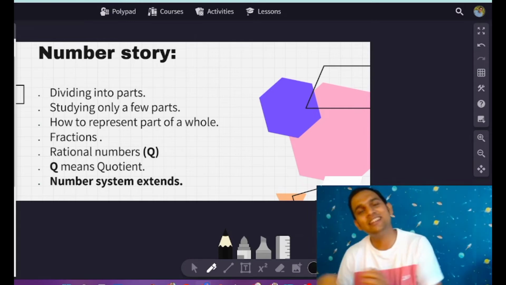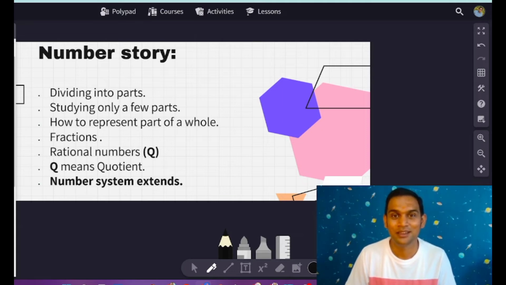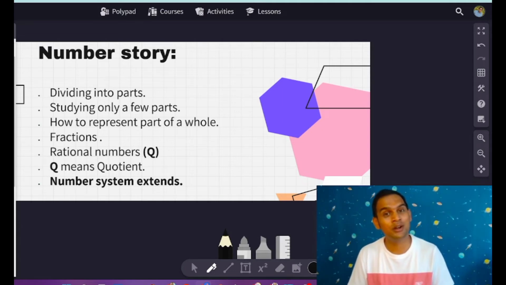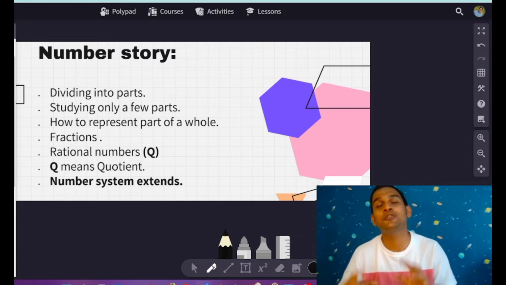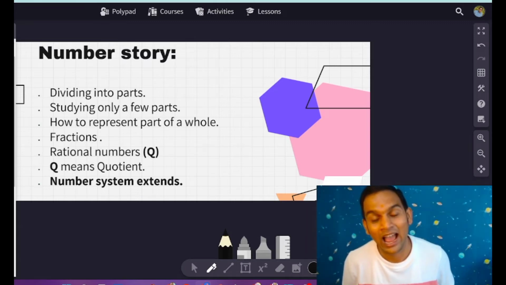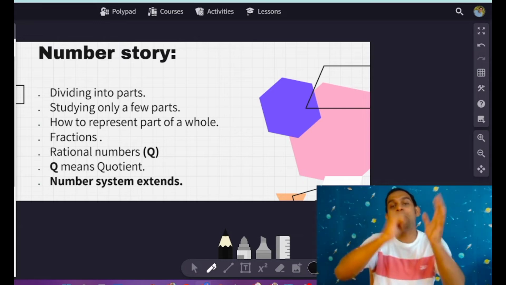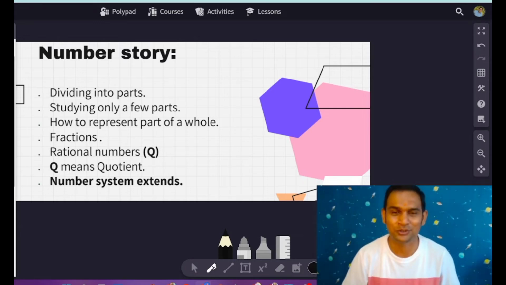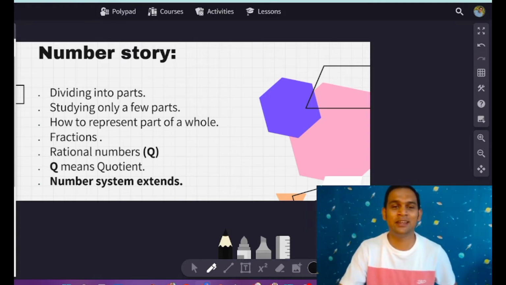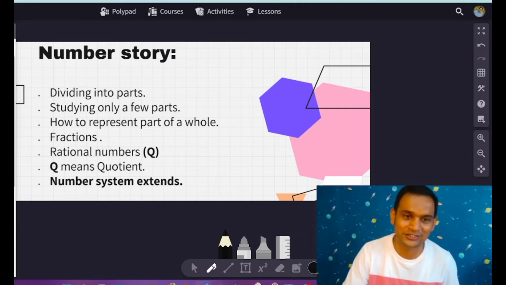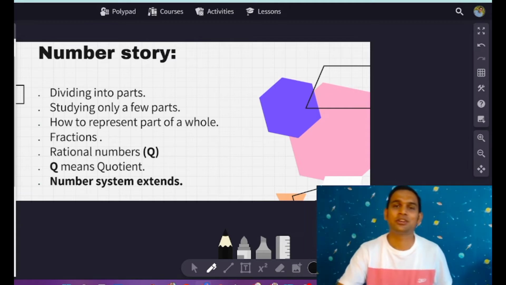When such needs started to come, there was a need for some more numbers. How do we divide things into equal parts? How do we represent a part of a whole object or quantity? And that is when we started to get fractions, and similarly we reached rational numbers.